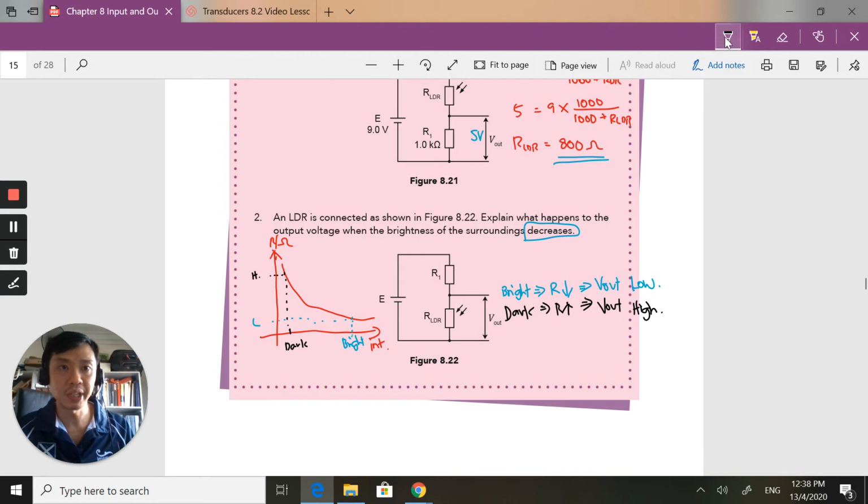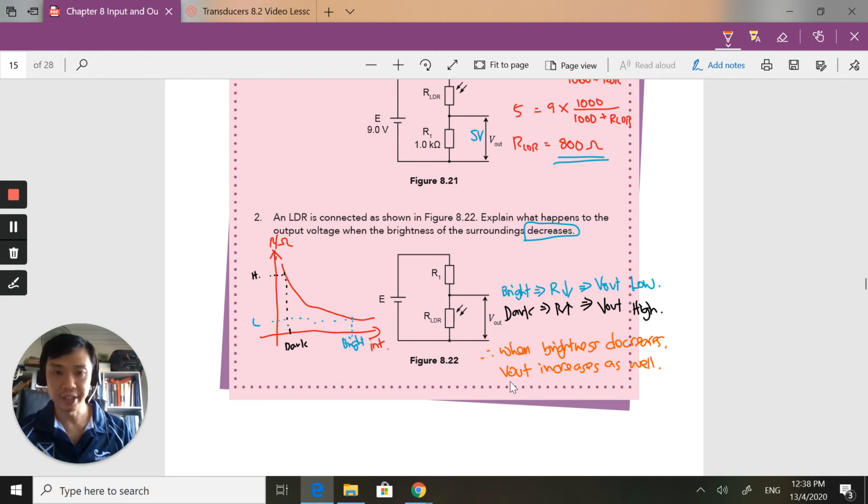Okay, so I can write my statement now. Therefore, when the brightness decreases, V out goes from low to high, therefore V out increases as well.